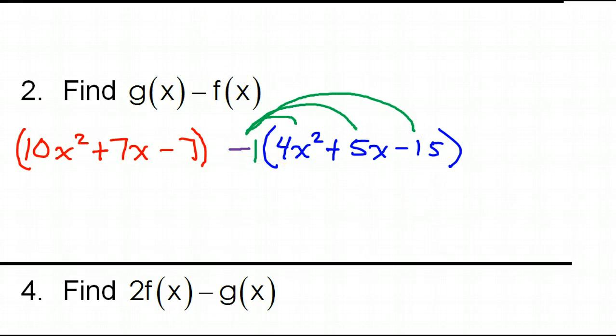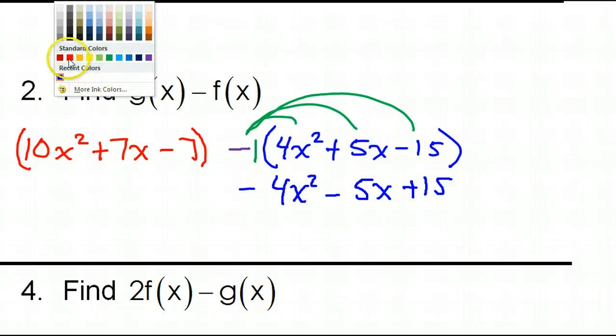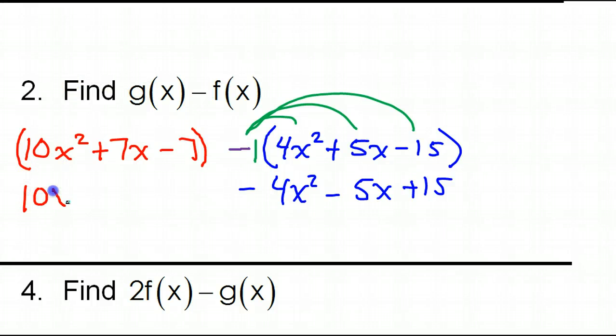So that's going to become negative 4x squared minus 5x plus 15. That's a common mistake, to not put parentheses and not distribute the minus sign, and of course that will be the wrong answer. So I'll just bring this down, 10x squared plus 7x minus 7.